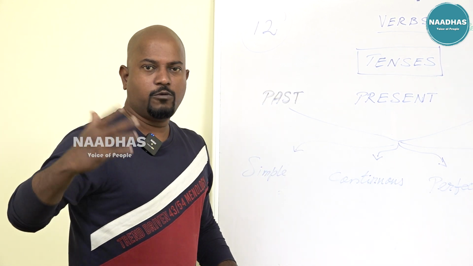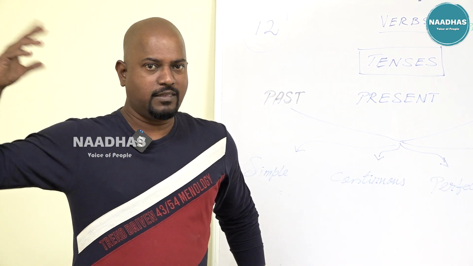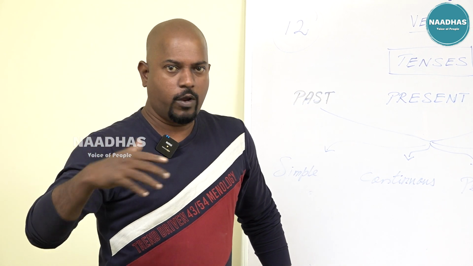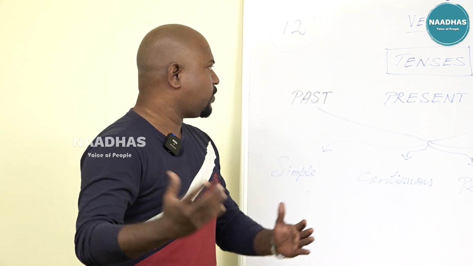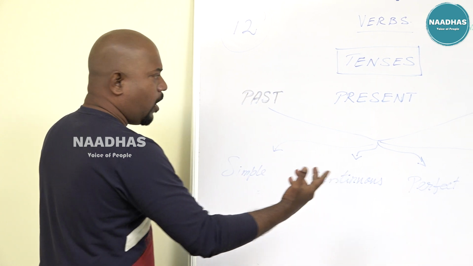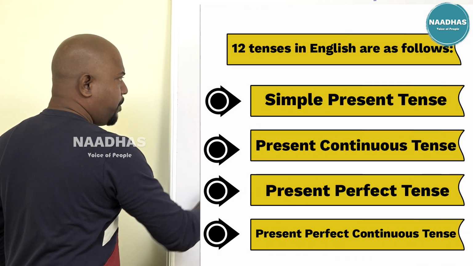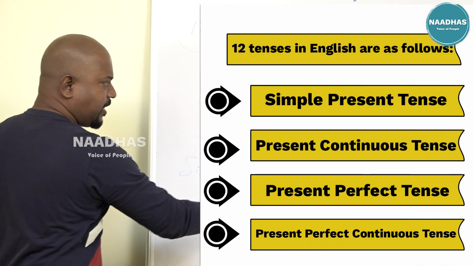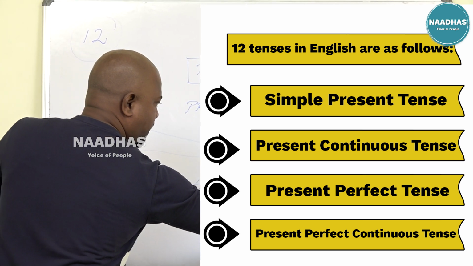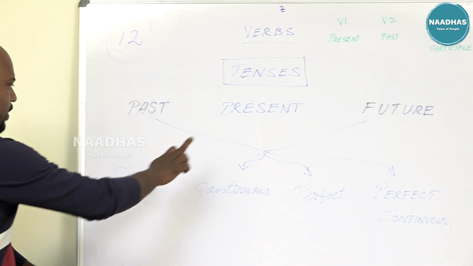But obviously, we'll be using the past tense for what happened last week or last month, or our future plans, everything we will do. But in most cases, we use the present format. So in present tense, we have four: simple present, present continuous, present perfect, and present perfect continuous, all right?